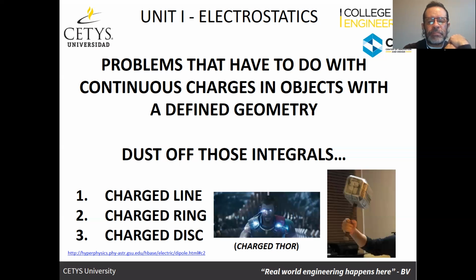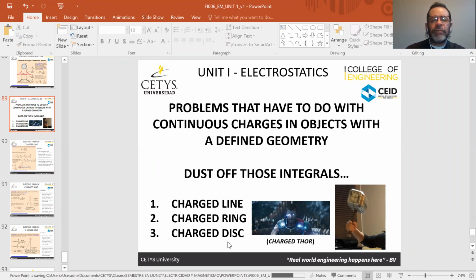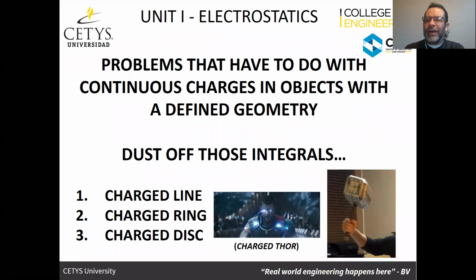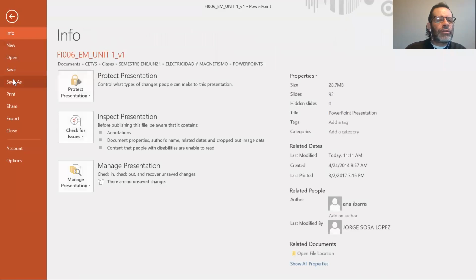And to motivate you guys, we're going to have some bonuses there. So we're going to see three examples that we're going to be talking about in today's session, which have to do with these three situations. We're going to talk about what happens when we have a charged line, a charged ring, and a charged disk as three examples. And this here, as you know, obviously is charged Thor.